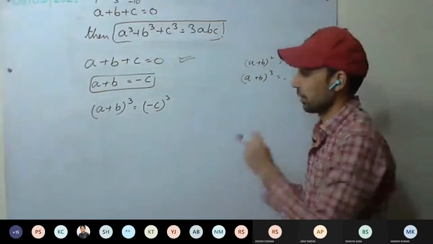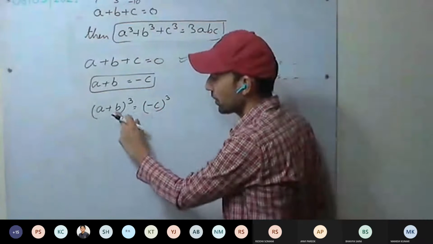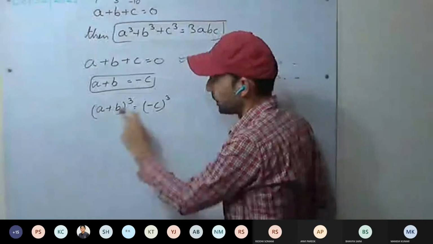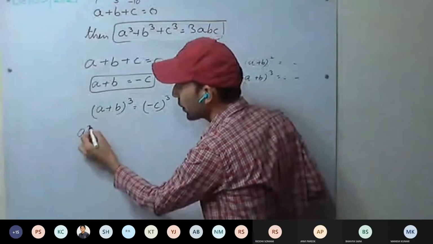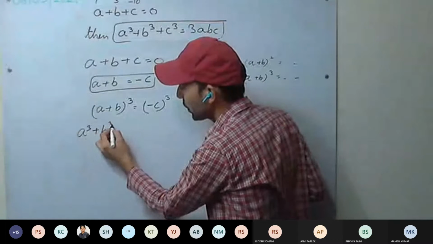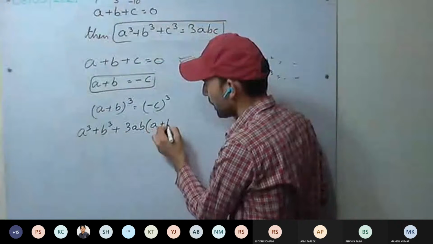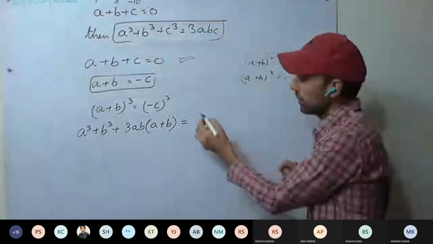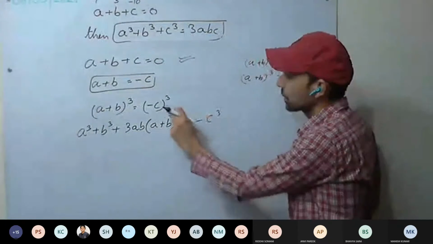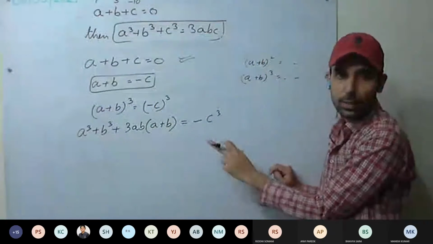This is clear. What further we can write? A cube plus B cube, expand this one, plus 3AB into A plus B equal to minus C cube. Take minus outside of the cube.